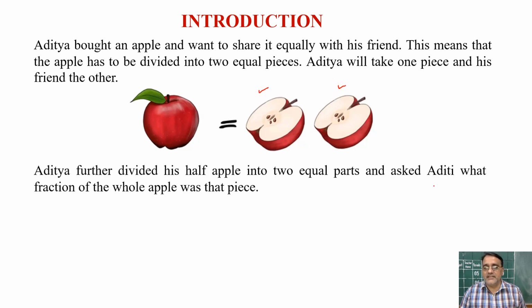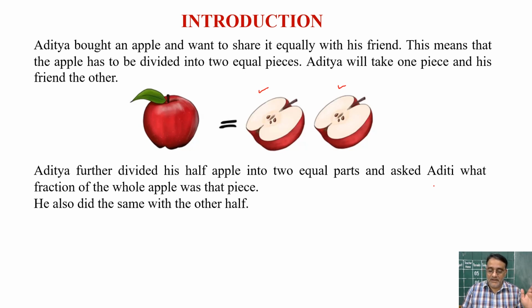So Aditya further divided his half apple into two equal parts and asked Aditi what fraction of the whole apple that piece was. He also did the same with the other half. So Aditi said that these are four equal parts. If we put them together, we'll get one full apple.